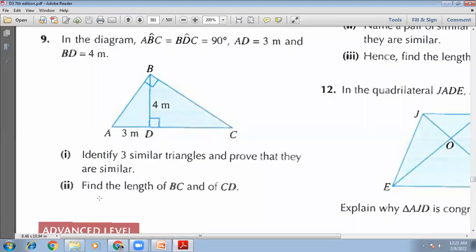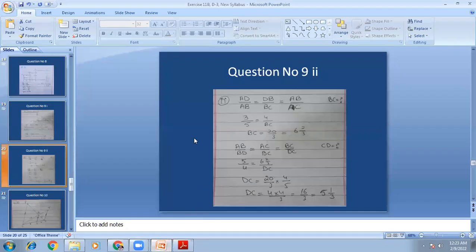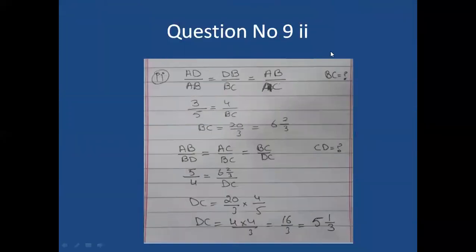Now he says find the length of BC. He wants us to find the length of BC and the length of CD. Let me show you how this is done. BC is the question, the BC side is the question.